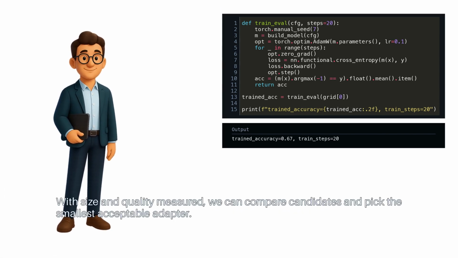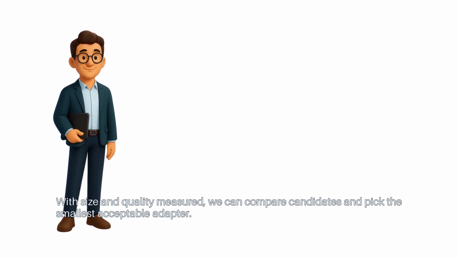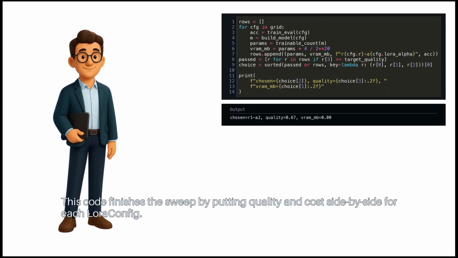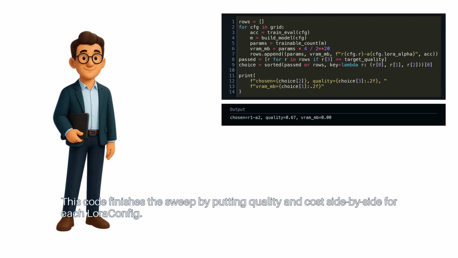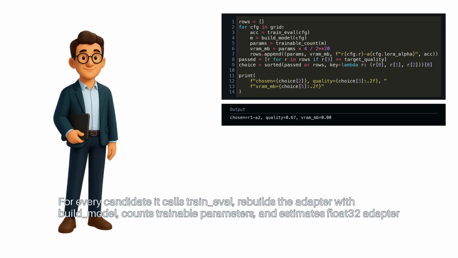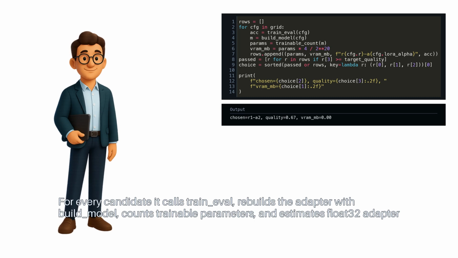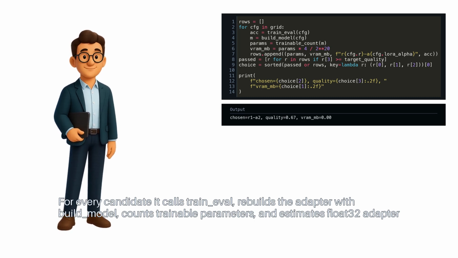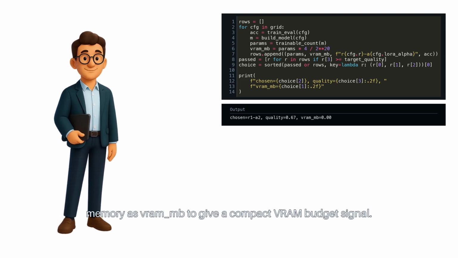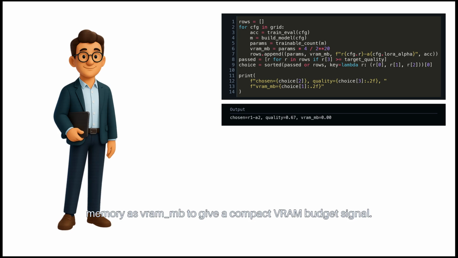With size and quality measured, we can compare candidates and pick the smallest acceptable adapter. This code finishes the sweep by putting quality and cost side by side for each LoraConfig. For every candidate, it calls train_eval, rebuilds the adapter with build_model, counts trainable parameters, and estimates float32 adapter memory as vram_mb to give a compact VRAM budget signal.